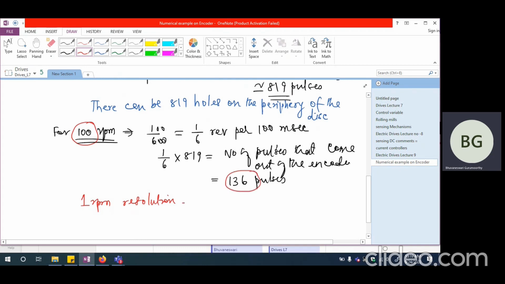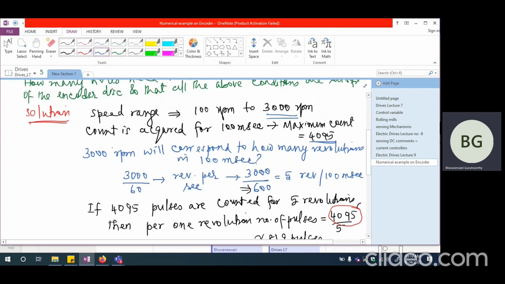So for 1 RPM, it will be 136 divided by 100, so it will have 1.36 pulses. At any rate, it is greater than 1 at least. So this is going to be greater than 1 pulse. So this encoder should be able to give a resolution of 1 RPM and it will be able to measure from 100 RPM until 3000 RPM for this kind of given specification.